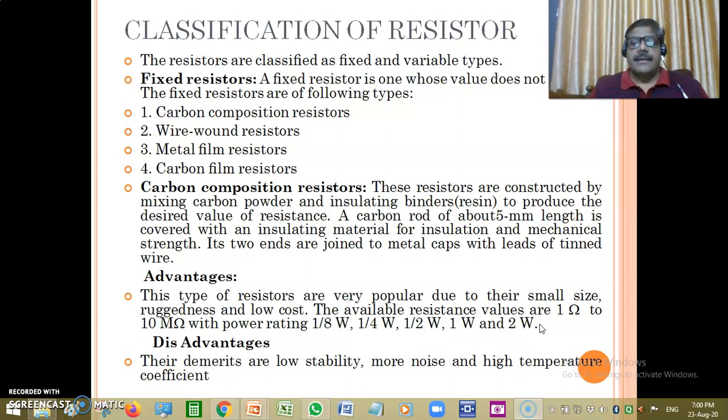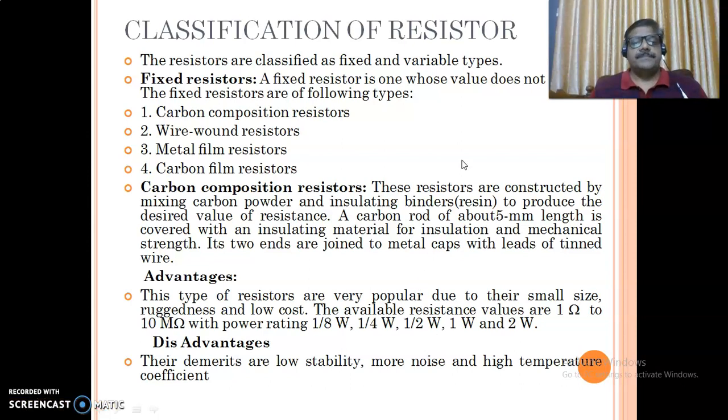Their tolerance is about plus or minus 5% to plus or minus 20%. Its disadvantages, or demerits, are low stability, more noise and high temperature coefficient. So these are all the details about the carbon composition resistor under the fixed resistors.